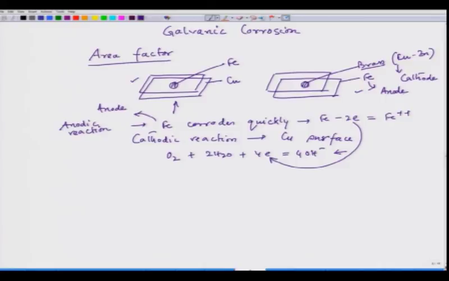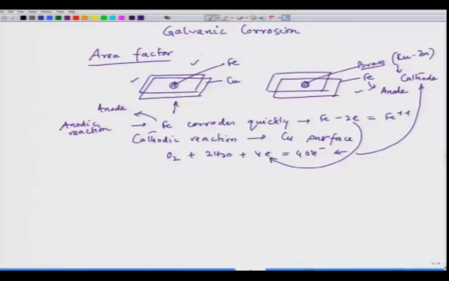Now, the same cathodic reaction would take place on the cathode surface, which is basically the brass surface, and iron dissolution would take place on the anode surface, and since the cathodic area is small, the number of cathodic reactions would be small, of course. So, in order to supply the electrons for the cathodic reaction, the total amount of iron dissolution would be less as compared to the previous situation. So, the loosening effect would be hindered.